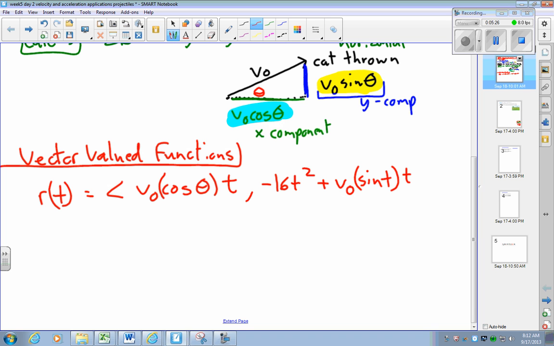That's the initial velocity part, all about the y component. And then you still have to take care of the h naught, which is the initial height. Okay, so that's how you extract out the x and the y components of basically a free-falling object or a projectile, assuming no air resistance.